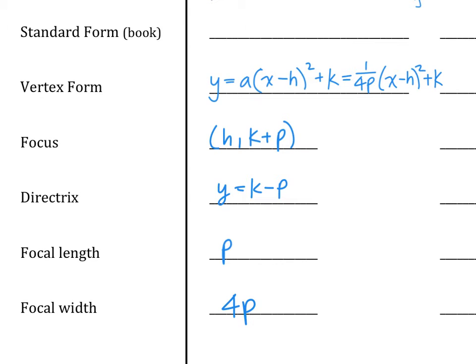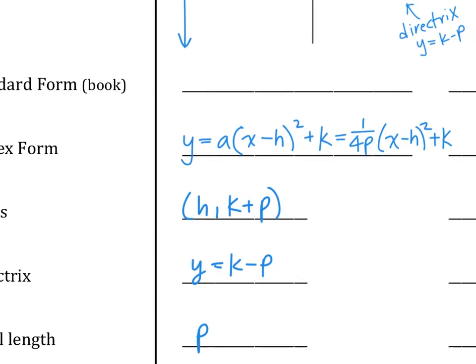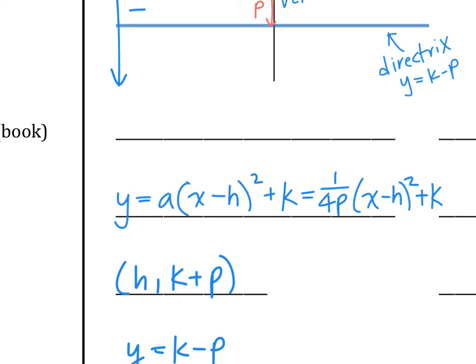Okay. The book doesn't like to use vertex form very much, so they would ask you to write it in standard form. Not the general form we were starting with, but standard form. So there are 3 forms so far: general form, standard form, vertex form. The book is going to do it this way. It's really easy.